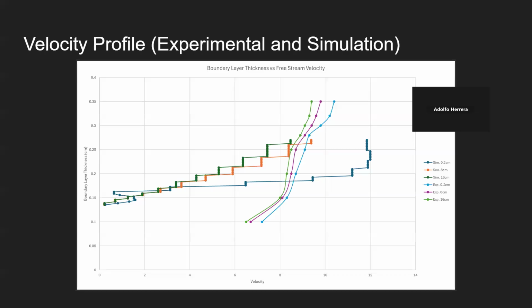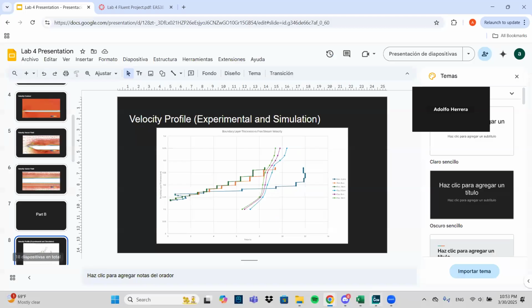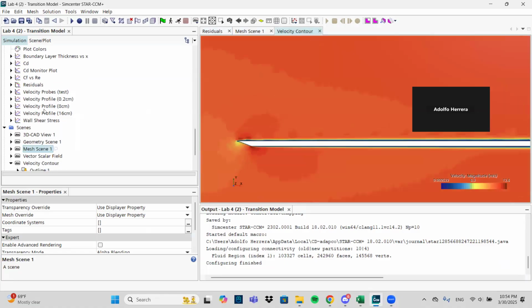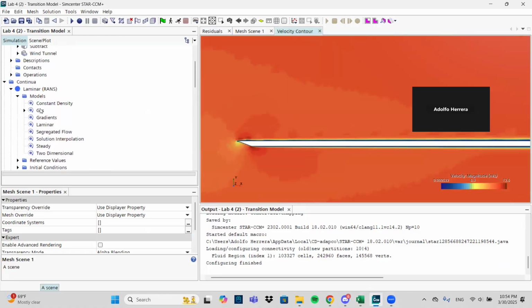And moving on to part B, this is the plot comparison of the velocity profiles of the experimental data and the sim. They are quite different visually. The reason the simulation data looks like this is because it was gathered using different probes on top of the plate.